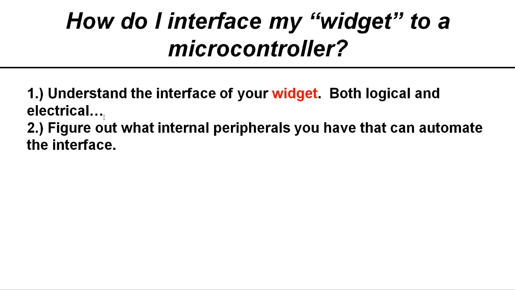So the next step, let's say you understand your widget. What I like to do is ask, is there an internal peripheral, meaning a serial port, SPI, whatever, that can automate the interface? So for example, I might have a chip, let's say a sensor, that has an I2C interface.